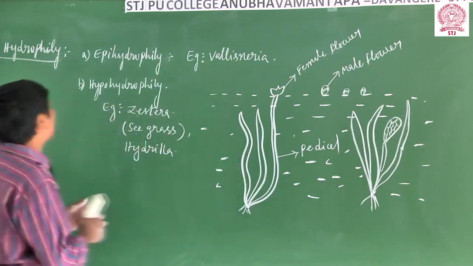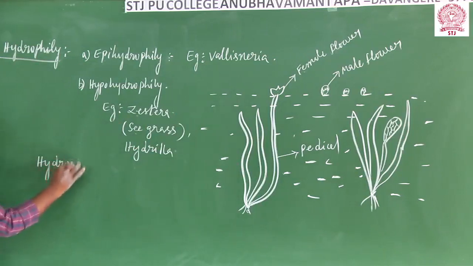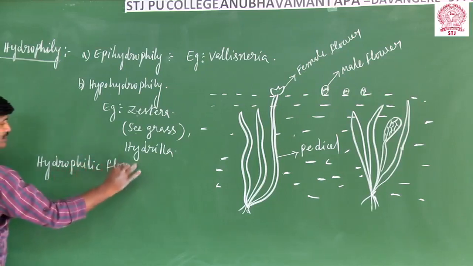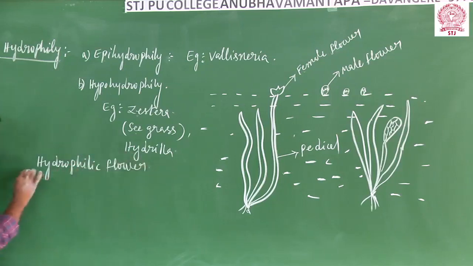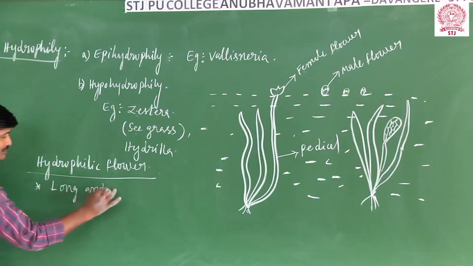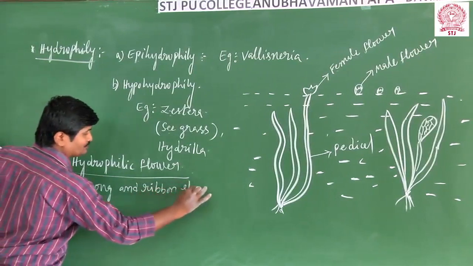Next, what are the characteristics of the hydrophilic flowers? The important characteristics of the hydrophilic flowers: the pollen grains are very long and ribbon shaped structures.